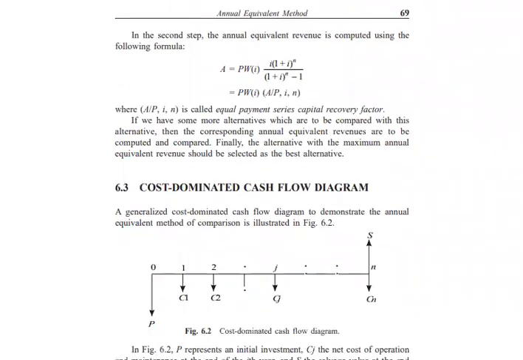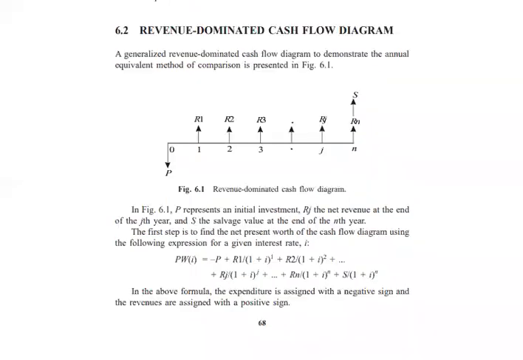So in the revenue dominated cash flow diagram, P represents the initial investment, and Rj represents the net revenue at the end of the jth year, and S is the salvage value at the end of the nth year.